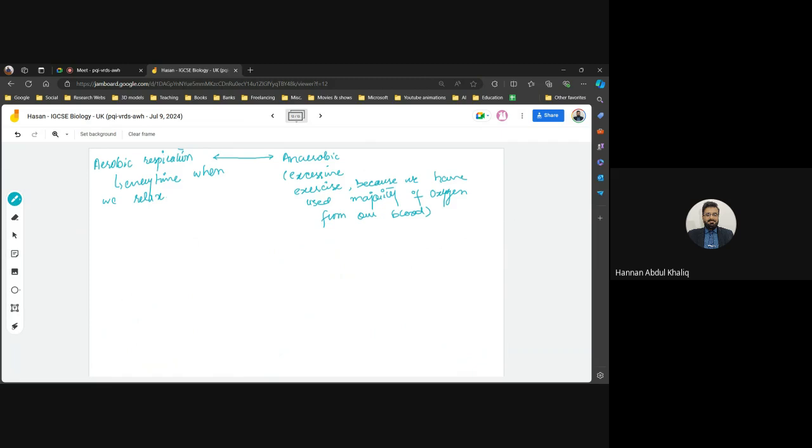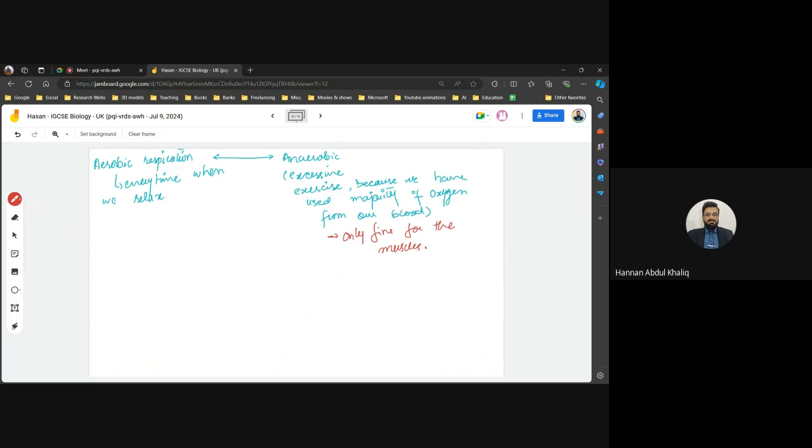Remember always that anaerobic respiration is only fine for the muscles, because we can compromise the aerobic respiration for the muscles.